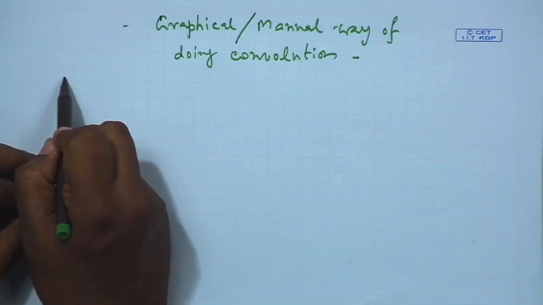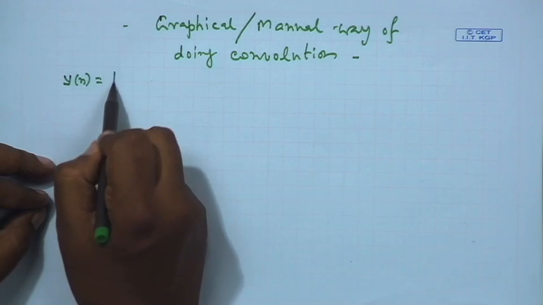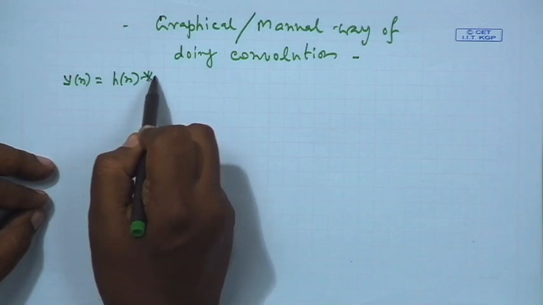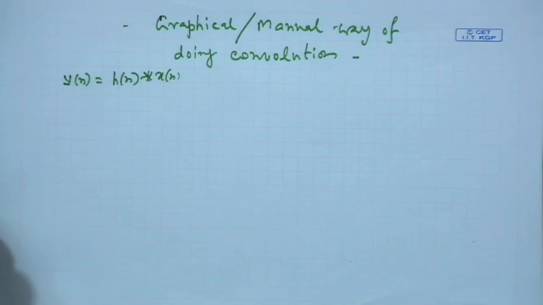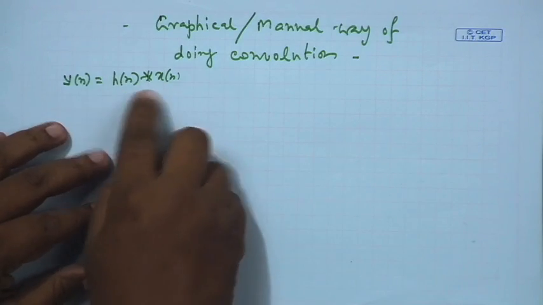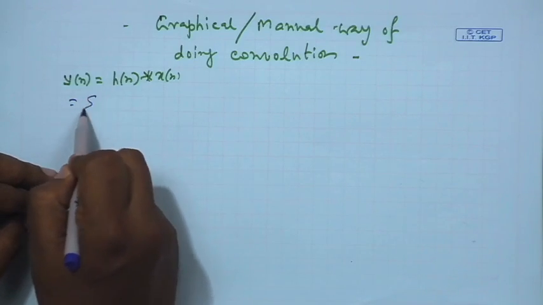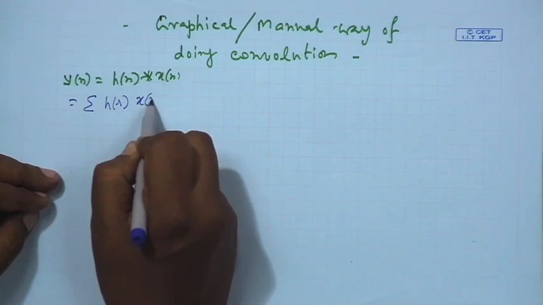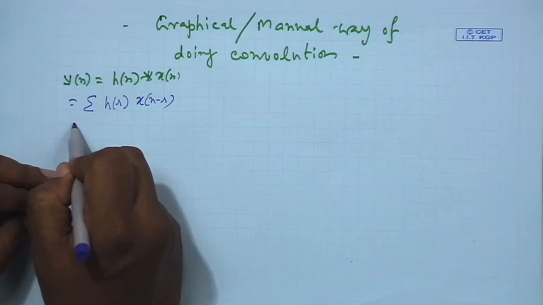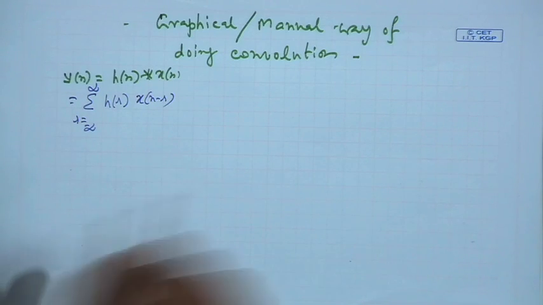You remember convolution means, say, y[n] is given as h[n] convolved with x[n], or vice versa. Both the sequences are given to you; how do you carry out convolution? You can write either as h convolved with x or x convolved with h. Suppose you write it as the sum of h[r] x[n minus r]. This you have to find out.